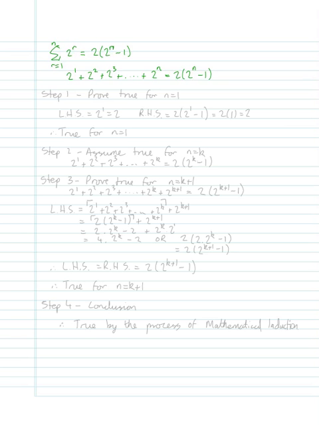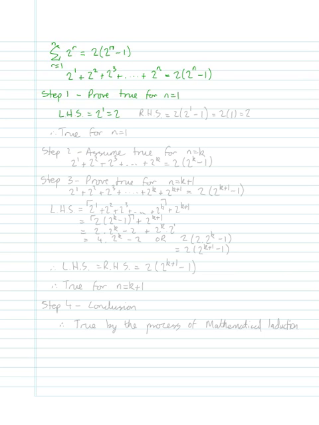Okay, so in order to find that, we need to first do step 1, and in step 1 we prove true for n equals 1. So the left hand side equals 2 to the power of 1, which is 2.